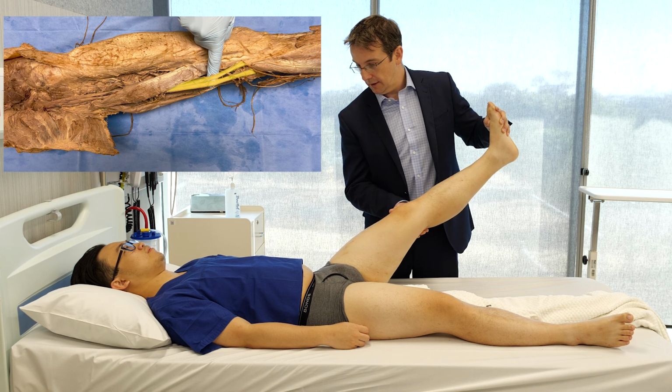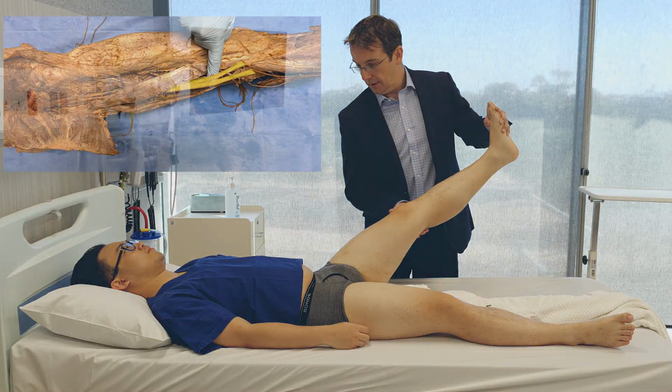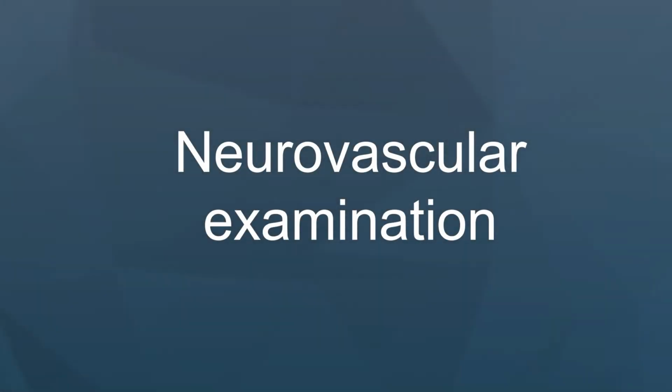Additionally, lowering the legs slightly and performing passive dorsiflexion of the ankle may also reproduce the pain down to the foot again. Finally, complete your examination with a targeted neurovascular examination, depending on the patient's presenting pathology and the planned treatment options.